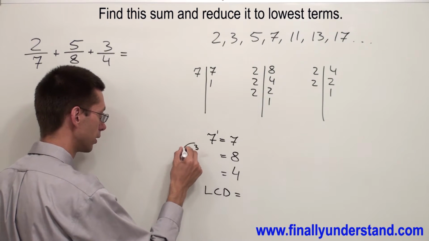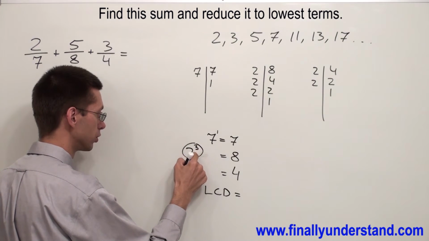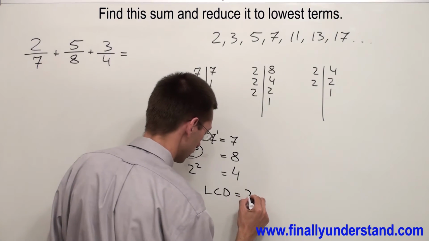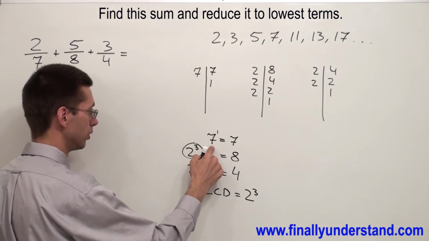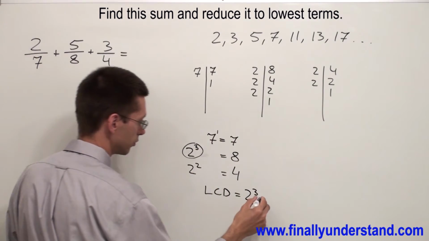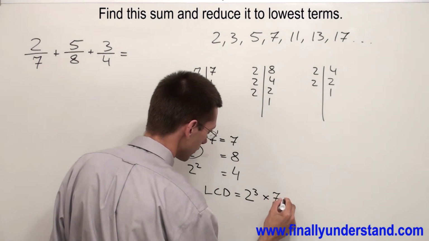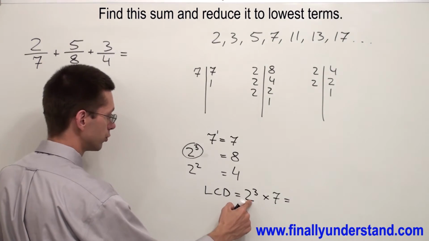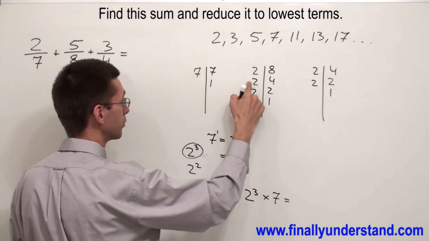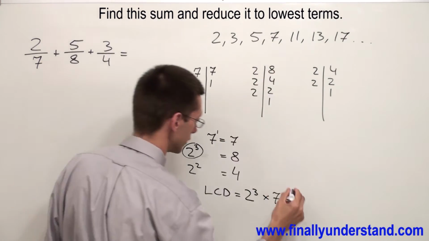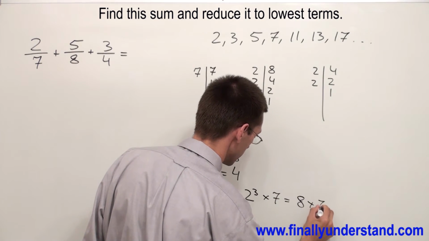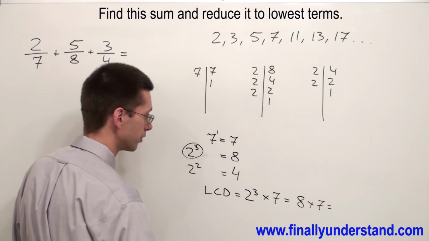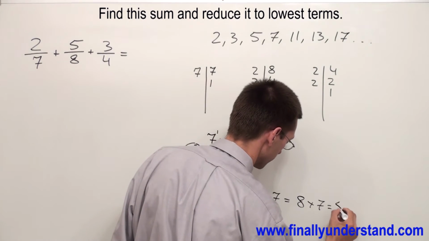I have to choose the one with the highest power, 2 to the third. That's why I'm going to write 2 to the third. And I have 7, which is different than 2. And basically I have just one 7, I have to use it. So 2 to the third, we said, is 2 times 2 times 2 is equal to 8. 8 times 7 is equal to 56.